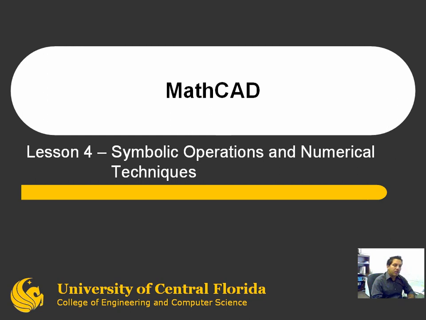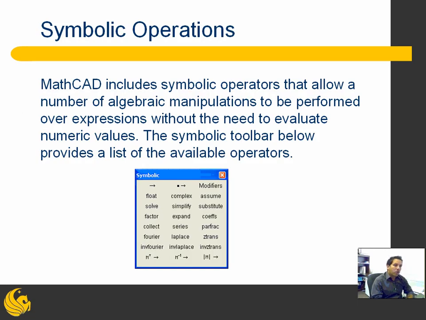Today we're going to talk about symbolic operations and numerical techniques in our lesson number 4 of MathCAD. And let's start talking about symbolic operations. Symbolic operations is a feature included in MathCAD, which is undeniably the most powerful feature of MathCAD. Not necessarily in its applicability, but the symbolic operations is probably the smartest of all features in MathCAD.